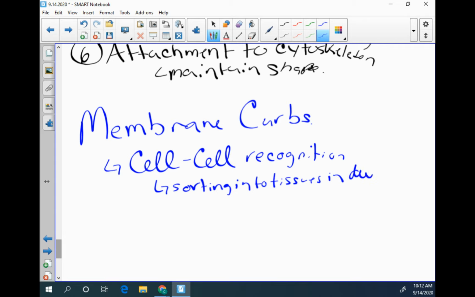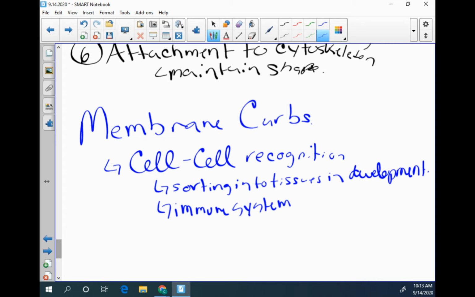So when an embryo is forming and developing, different cells are bound to become different parts of the body, different tissues, and the carbohydrates can help the organism determine which cells are going to stay in which part of the body. Also really good for immune system stuff, helping recognize cells as self. If a foreign carbohydrate exists on a cell, the immune system can be like, not us, attack, and so on.